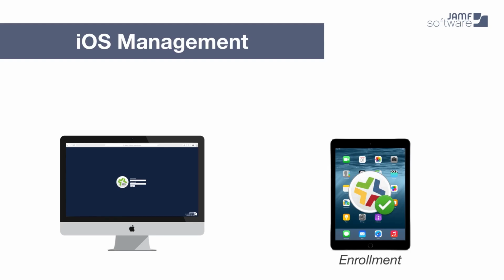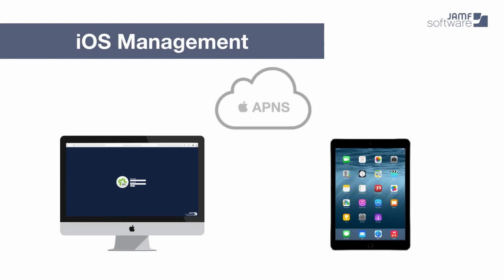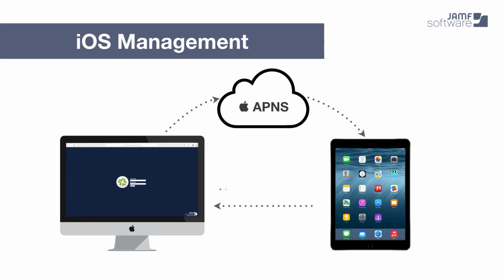After enrollment, the APNS server maintains a constant connection to your iOS devices so that you don't have to. The iPad then communicates to the JSS and receives any commands that you send it, or configuration profiles, or apps. It works great. This is Apple's architecture for mobile device management.